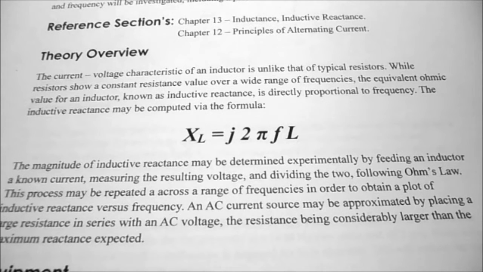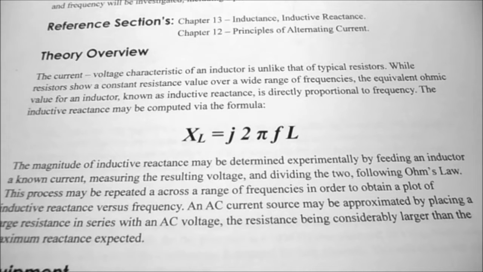Under theory overview, we're talking about the current voltage characteristics of an inductor being unlike that of a typical resistor. While resistors show a constant resistance value over a wide range of frequencies, the equivalent ohmic value for an inductor, known as inductive reactance, is directly proportional to frequency.